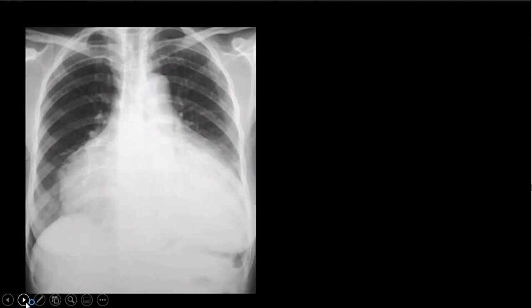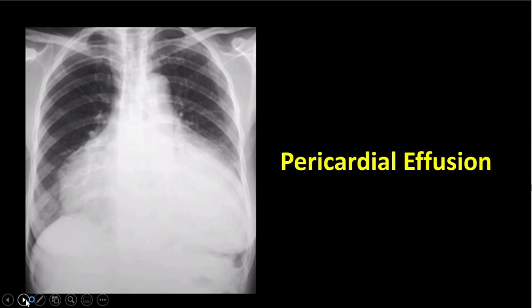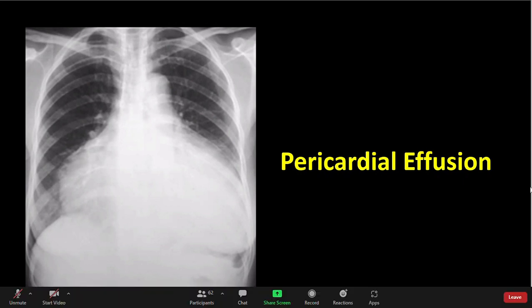And in these cases, we cannot rule out pericardial effusion, though it's really quite difficult to determine whether it's pericardial effusion or just plain cardiomegaly. There are signs that the radiologist is able to utilize in order to clinch whether it's pericardial effusion or cardiomegaly. But one of those would be the shape.